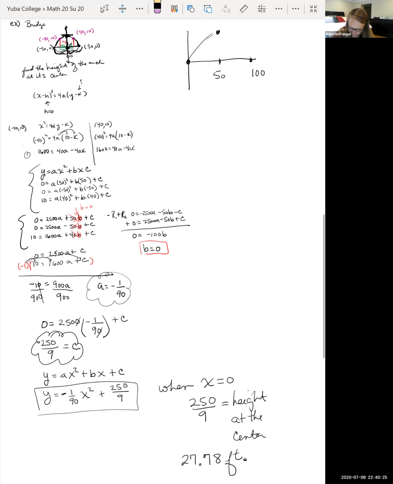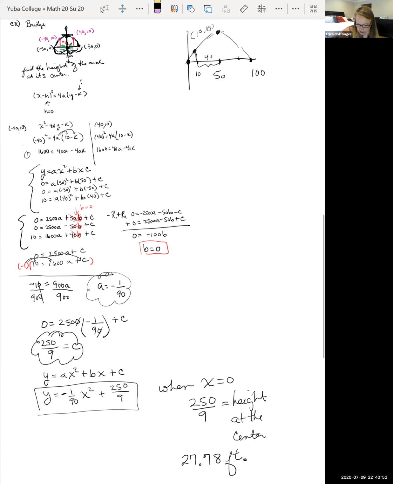We knew that 40 away from the center, this would have given me a point of 10. So I would have had a point of 10, 10 here. Our equation's going to look different, but we'll have the same answer in the end for our height.